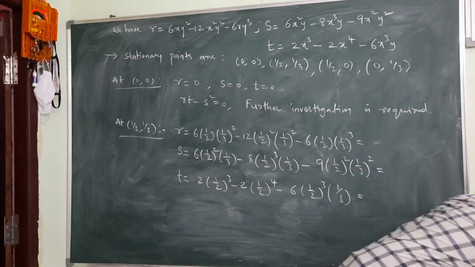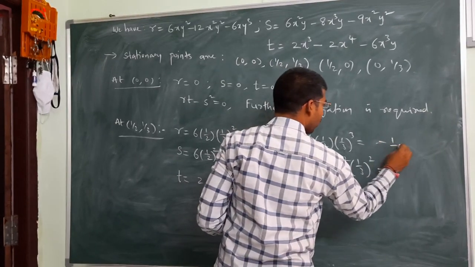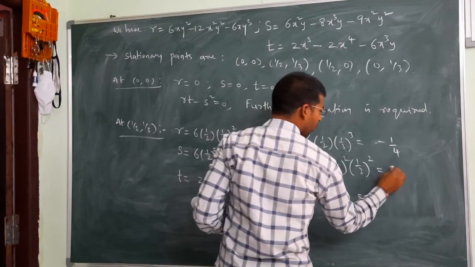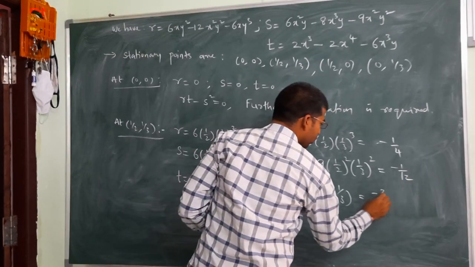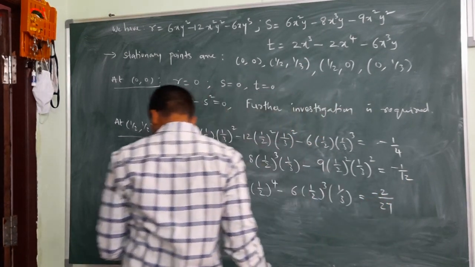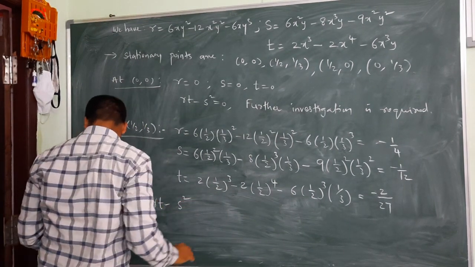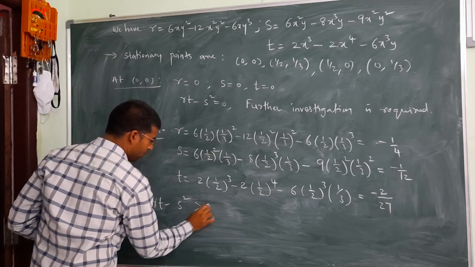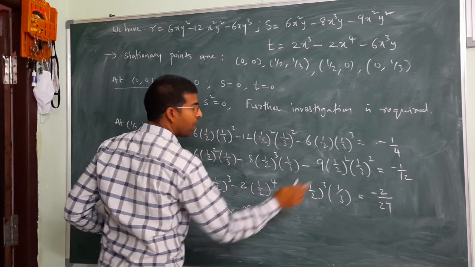Now what are these values? I will write from the notebook. So first the R value is minus 1 by 4. Next value is minus 1 by 12. Please do the calculation. And the T value is minus 2 by 27. Now if you find RT minus S², what are you getting? Which is positive, and we are getting R is negative. What is R already?